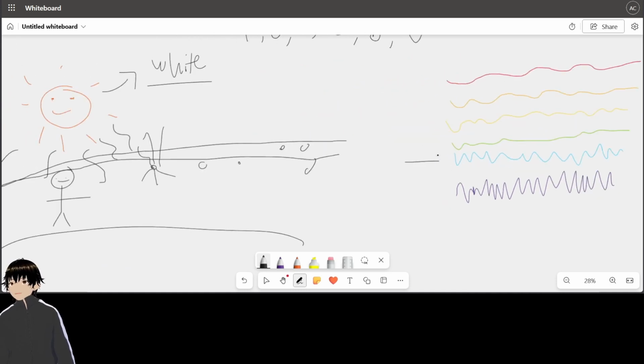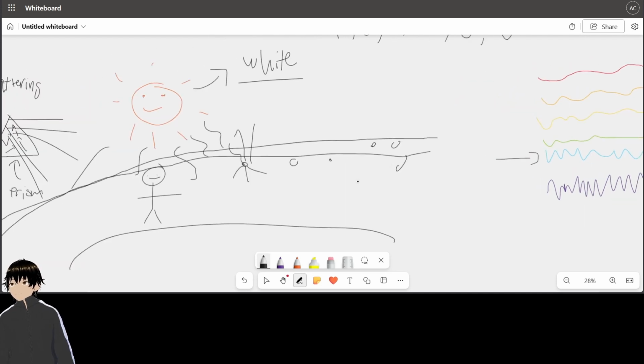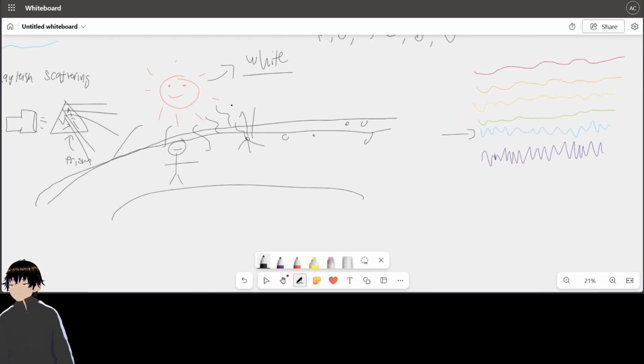The reason why it's blue is because the blue light waves are very short, meaning they scatter more with the air molecules, and so the sky we perceive is blue. That's what makes it blue. The blue light waves basically just scatter more than the other light waves.